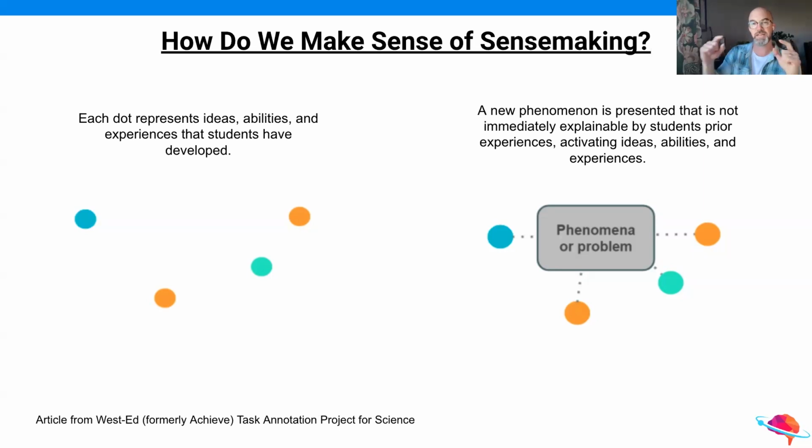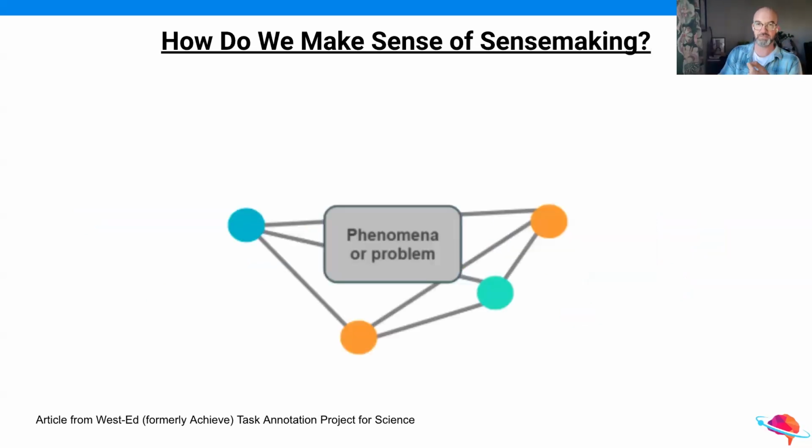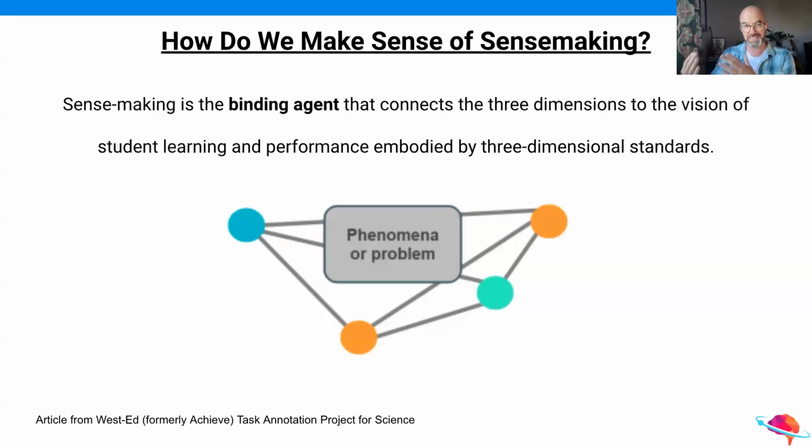Not only do we want students to connect those ideas to the phenomenon, but we want them to use that phenomenon to connect their ideas and skills together. We take all of the ideas, the skills, and the ways of thinking about the world, and we use sense making as a binding agent.